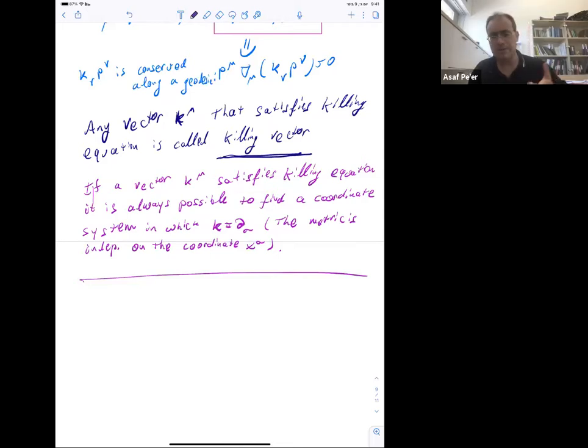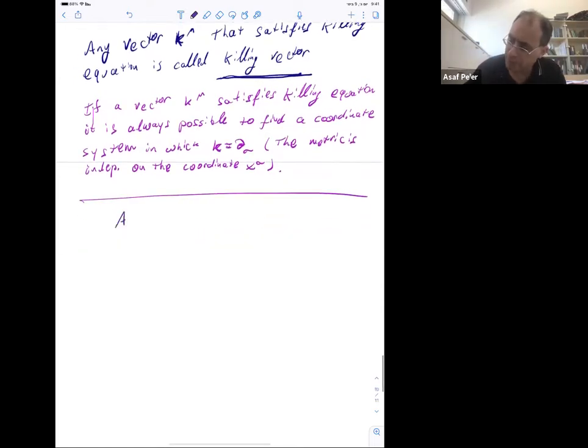I think in some sense it's a bit more straightforward, or maybe somewhat complementary, although I have to tell you that when I refreshed my mind this morning, I'm not so sure that the derivations are that different from each other. But anyway, I'll give you another derivation of the Killing equation.